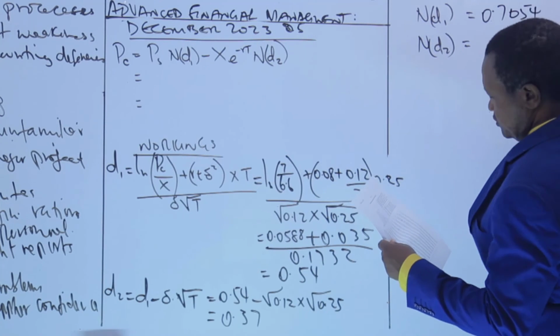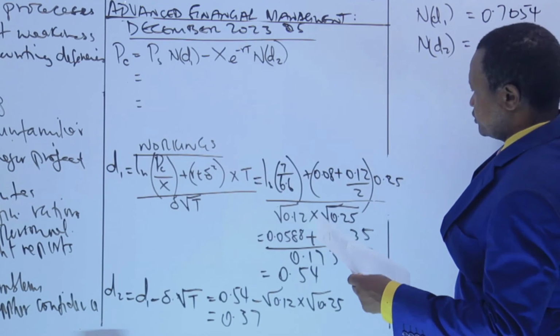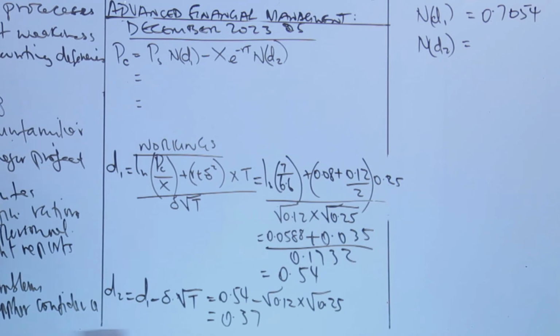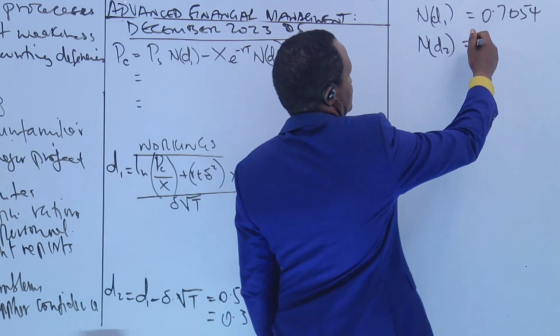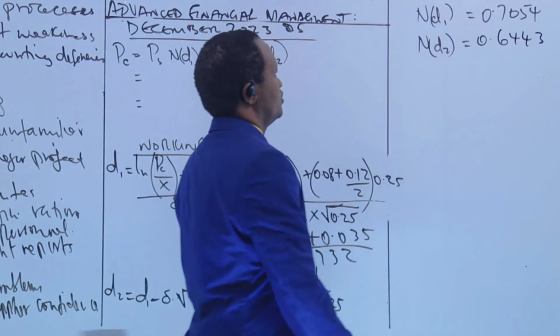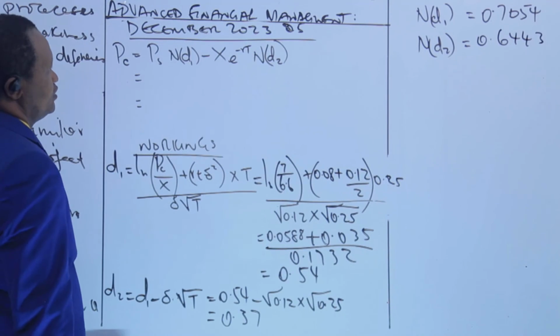How about 0.37 from the tables? 0.6443. So we have the values.